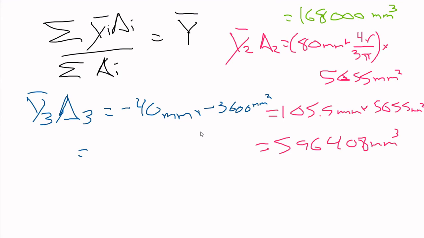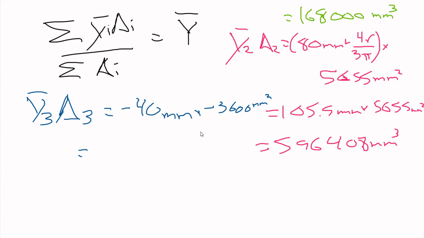That basically means our negative signs cancel out, which means removing sections below the origin has the same effect as adding sections above the origin.